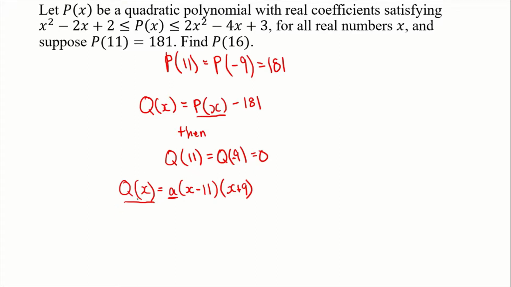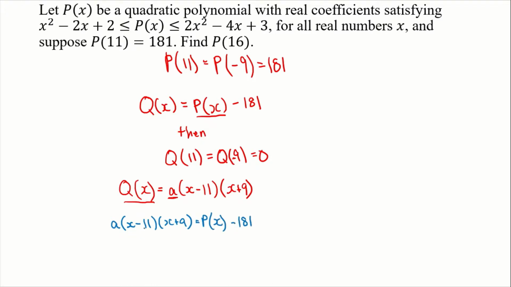So here we have, well, q of 1 equals p of 1 minus 181. So let's set these two equal. We've got a times x minus 11 times x plus 9 equals p of x minus 181.